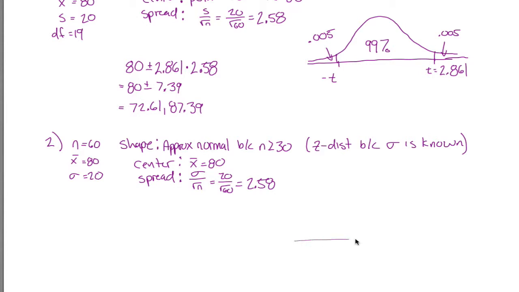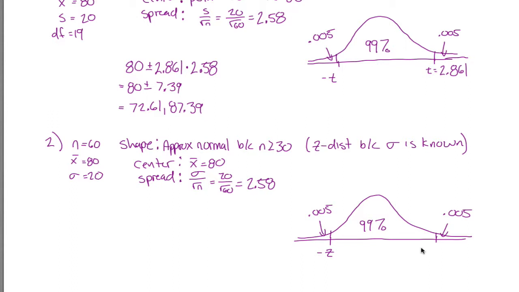So what's going to change is our picture will be a little bit different. We'll still make this approximately normal picture. We still want a 99% confidence interval, so we still want 99% of the data in the middle, which still leaves us with 0.005 here and 0.005 here. But now we have z values out here.